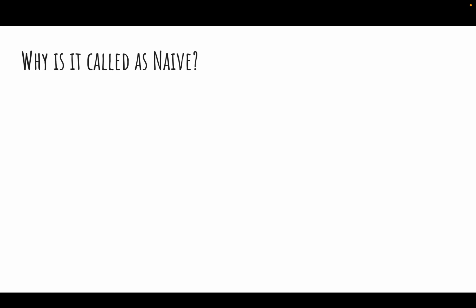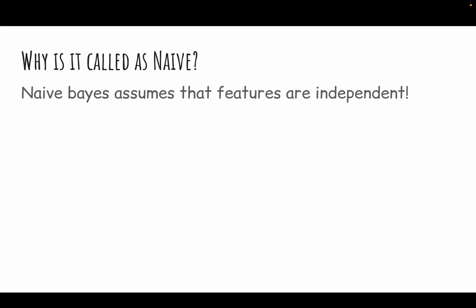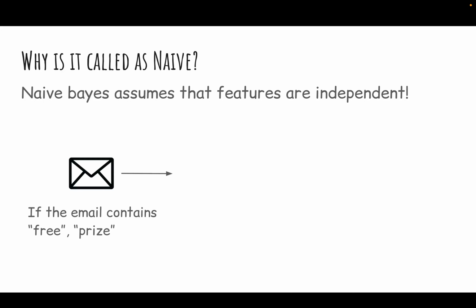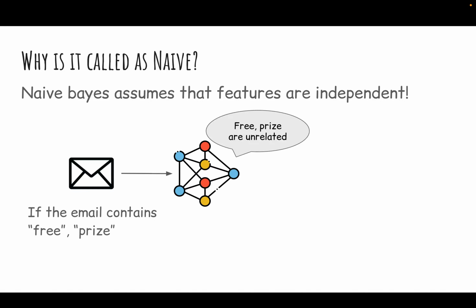Why is Naive Bayes called naive? Because Naive Bayes assumes that the features in the mail are independent in our use case. What it means is, consider your email contains free and price. Naive Bayes thinks maybe these words are unrelated and they have their independence.